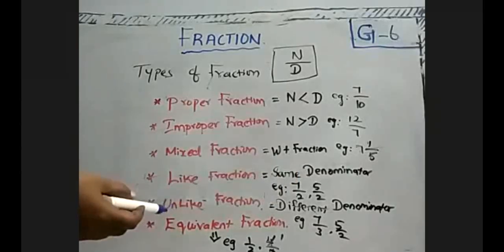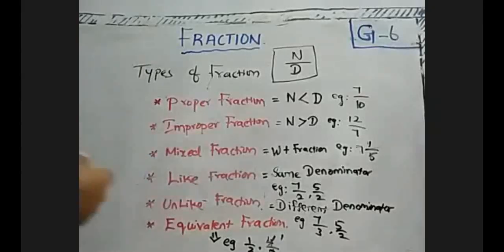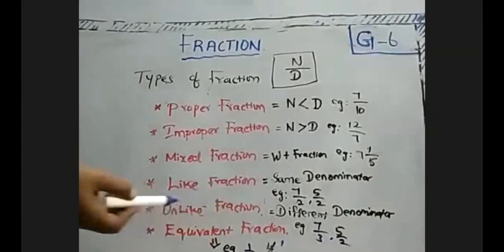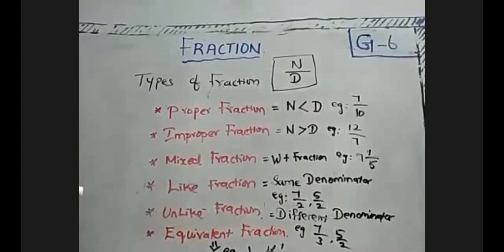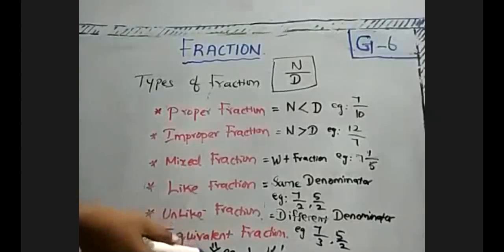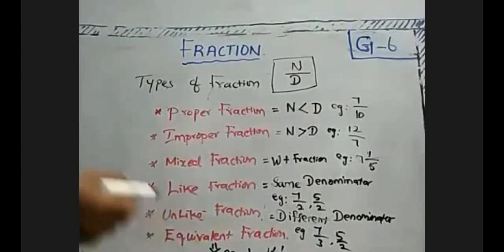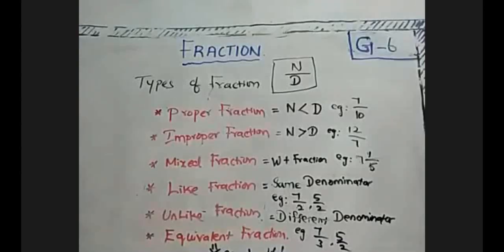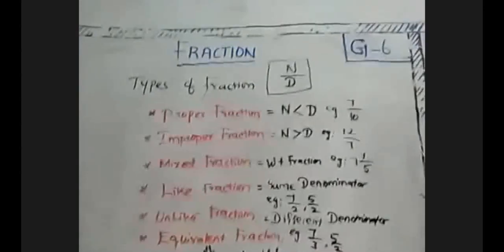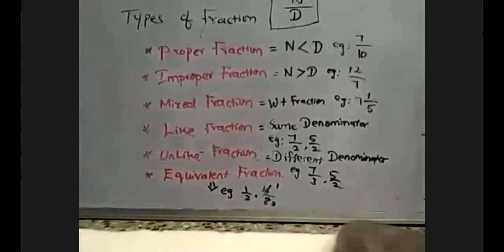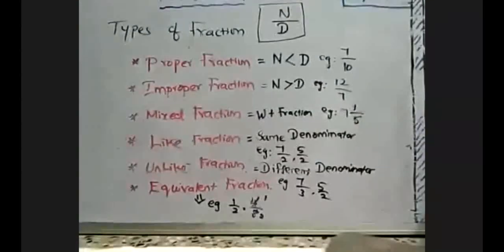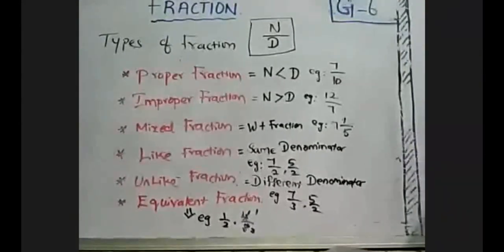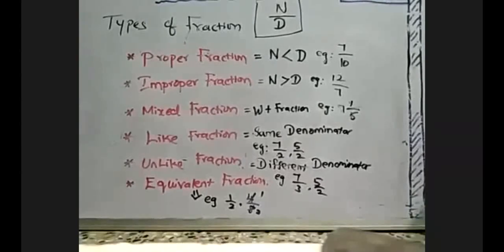Unlike fraction means the denominator should be different. Equivalent fraction means after reducing, both the fractions should be equal. That is called equivalent fraction.